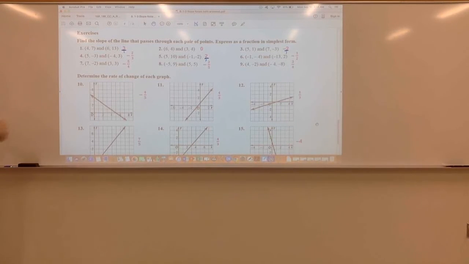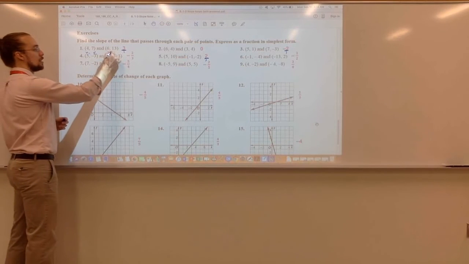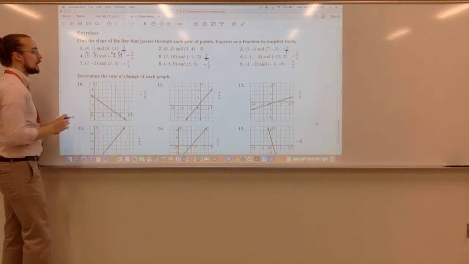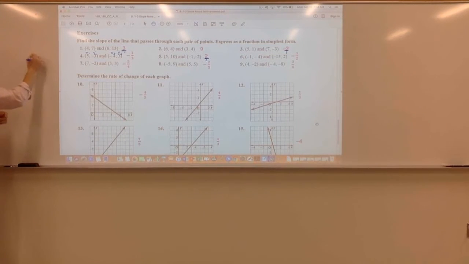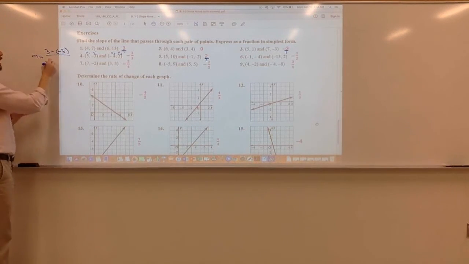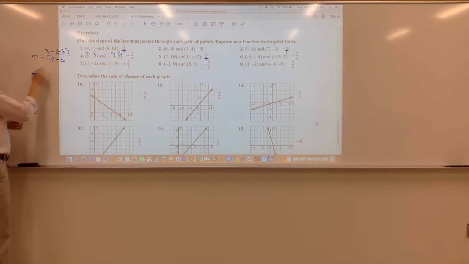Okay. So on number 4, if I label my coordinates x1, y1, x2, y2, and then plug them in, my y2 is 3, my y1 is negative 3, so I'll have 3 minus negative 3 over negative 4 minus 5.